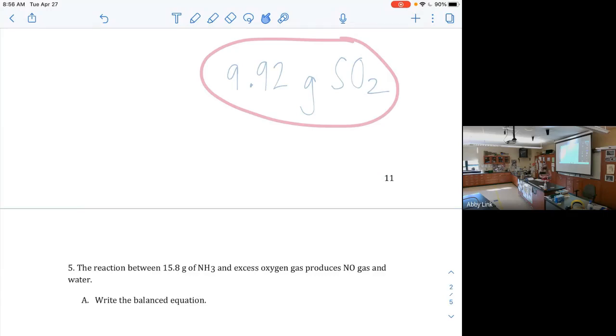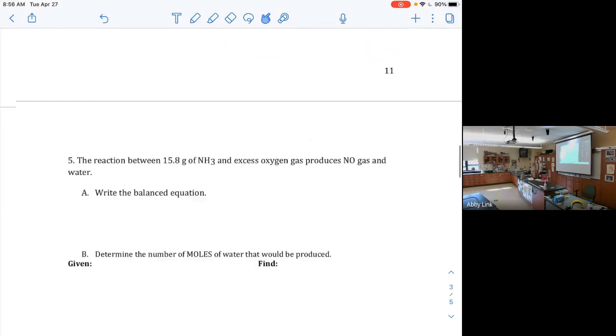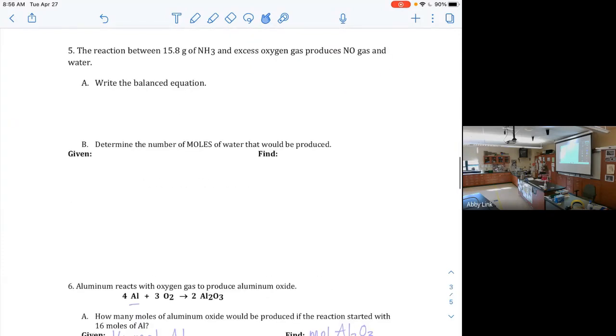All right, I'm going to warn you for number 5, the reaction is tricky to balance. Okay, so you might want to start with that problem just so you can get help on the balancing if you need it. The final answer for number 5 is 1.39 moles of H2O.